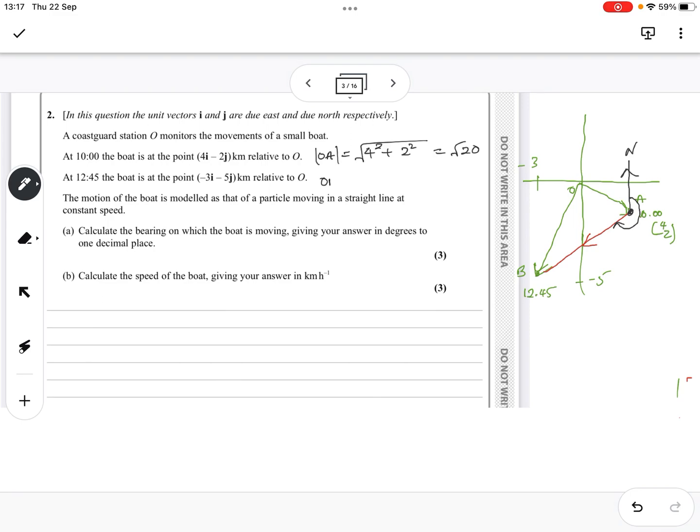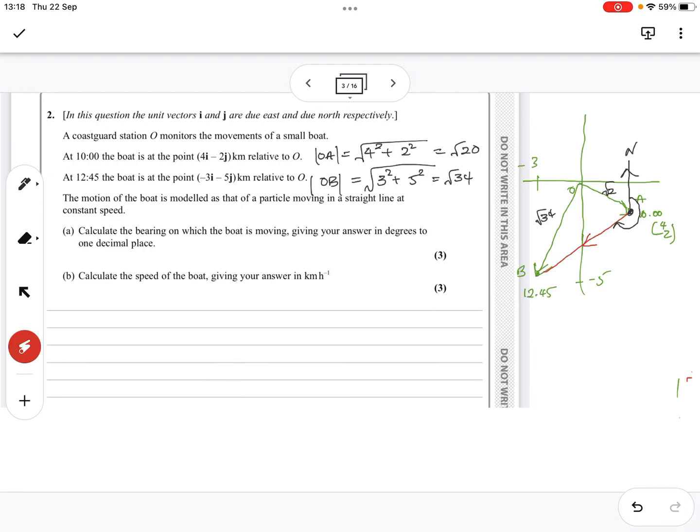From O to B is 3 squared plus 5 squared, or -3 squared plus -5 squared, you end up with the same answer, which is the square root of 34.